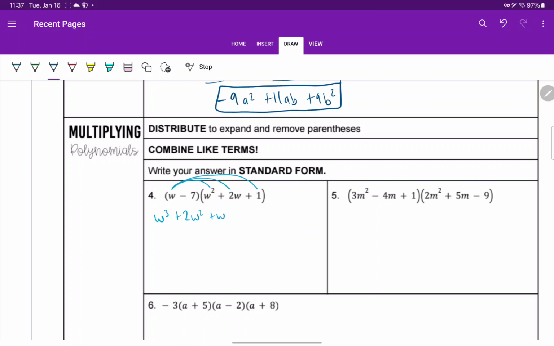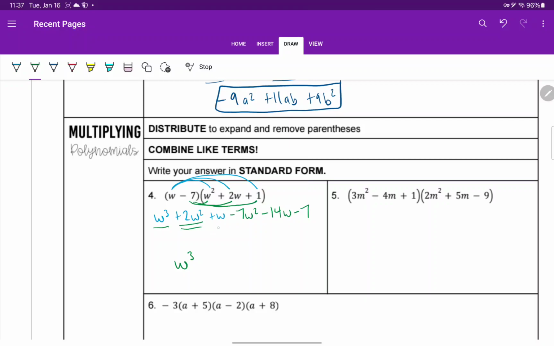And now we're going to distribute that negative 7. So negative 7 times W squared is negative 7W squared. Negative 7 times 2W is negative 14W. And negative 7 times 1 is minus 7. From here, we're just going to combine our like terms. So we start with the highest degree. We have W cubed, and that's the only one, so that's our first term.